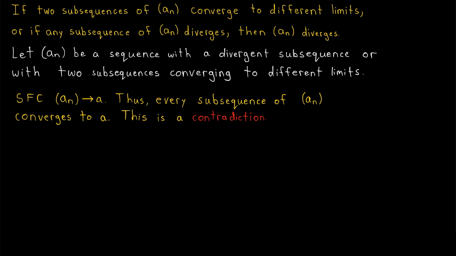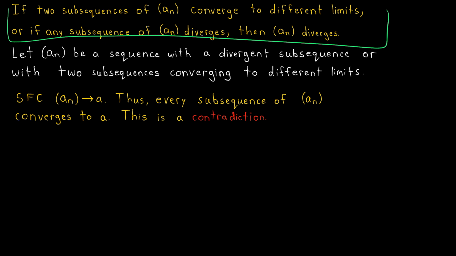Since assuming a_n converges forces a contradiction, a_n diverges. So clearly this tool is valid.